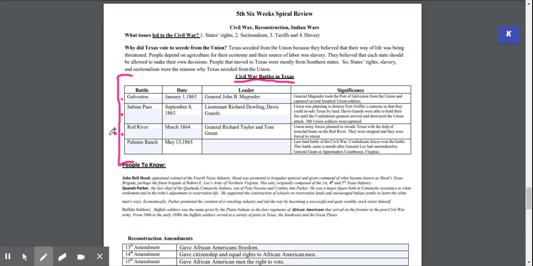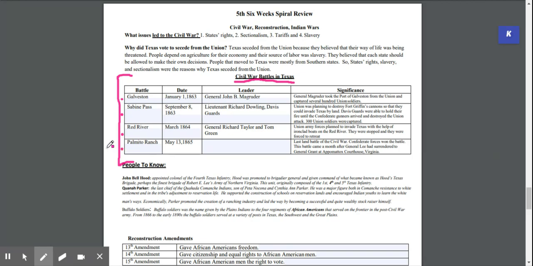The Battle of Red River was in March 1864. The leader of this battle was General Richard Taylor and Tom Green. The significance of this battle: Union Army forces planned to invade Texas with the help of ironclad boats on the Red River. They were stopped and they were forced to retreat.